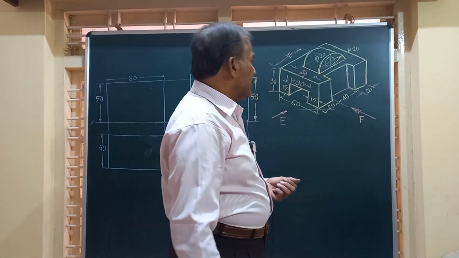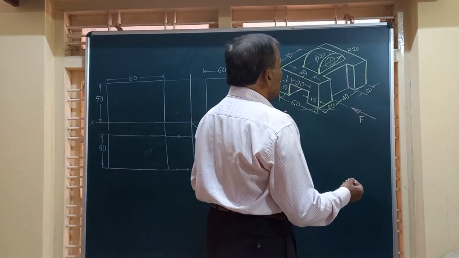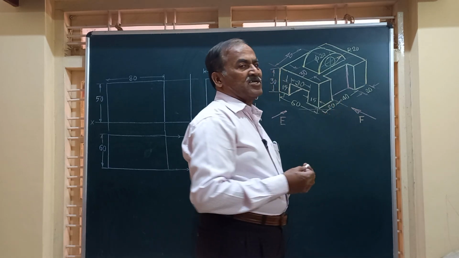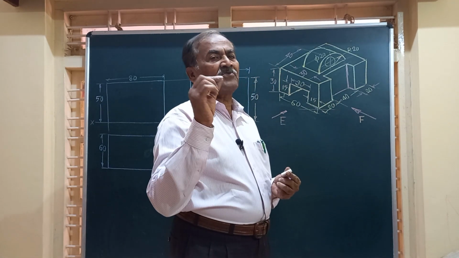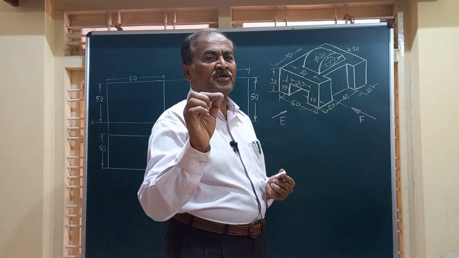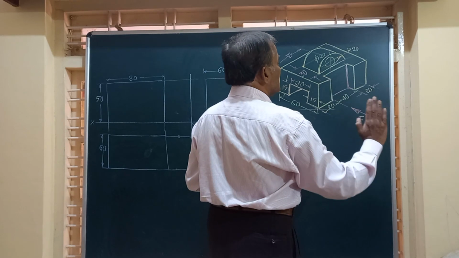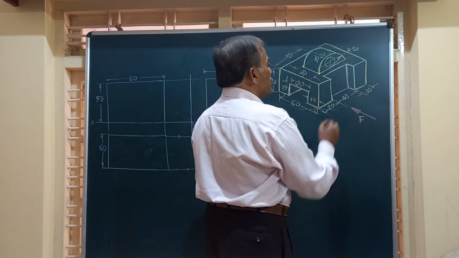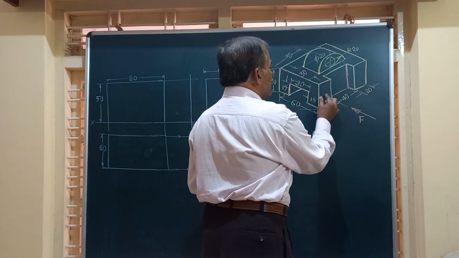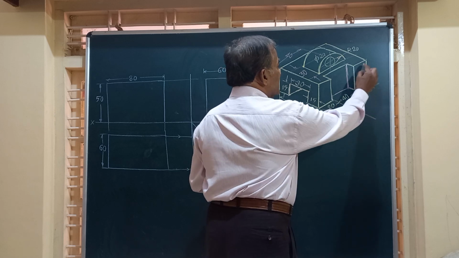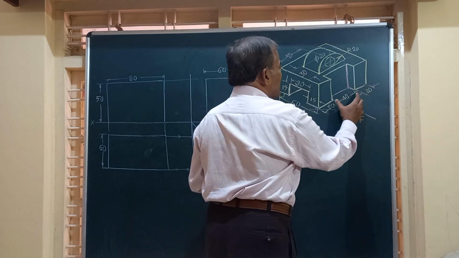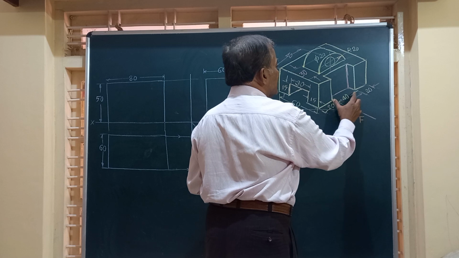Next, friends, in the second step, we are going to view the object in the direction of F to obtain the front view of the solid. When you look at this, in this direction, you have a rectangle of 30 height, width 20. 30 height, width 20. And in the center, it has got the same height 30, but the width is equal to 40.